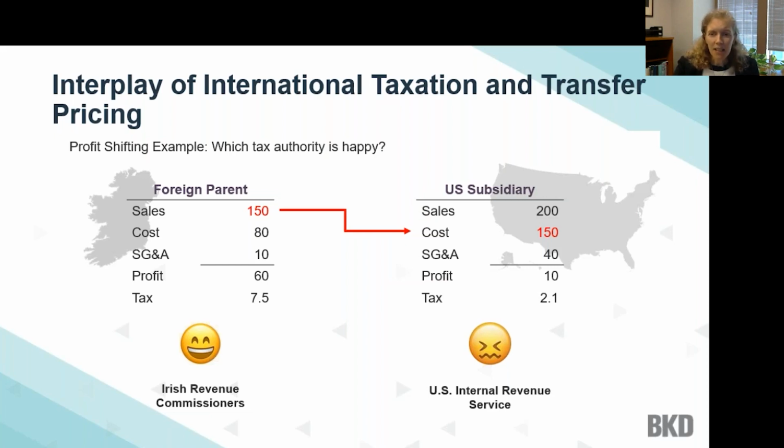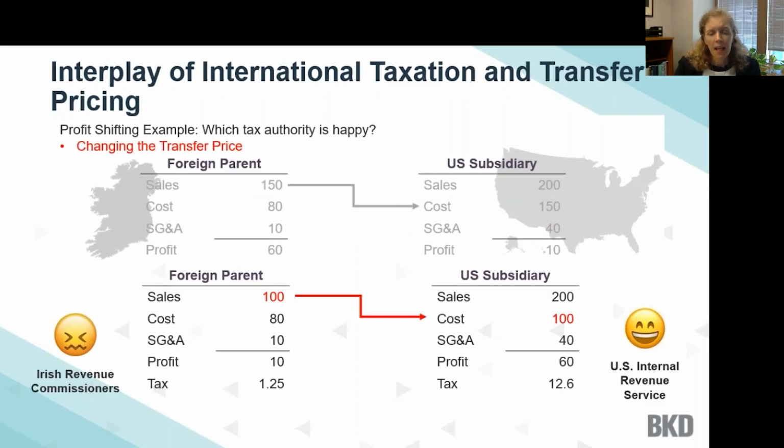Now what happens if we change that transfer price? In this example, we lower the transfer price. Ireland is only going to sell $100 worth of goods to the US, but the US's sales still remain the same at $200.